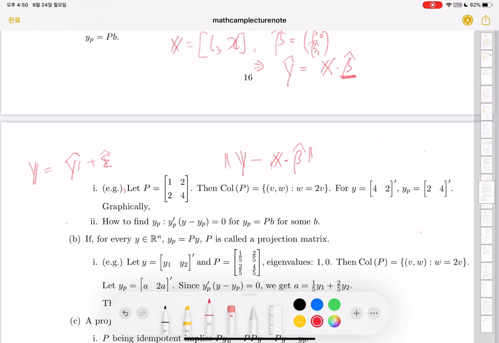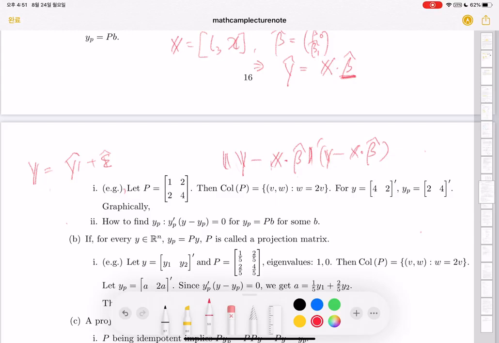You are going to minimize the norm of this one. Minimization of this norm is basically minimization of this one, right? Which is the OLS. So the OLS is to find basically the projection vector of your y, right?